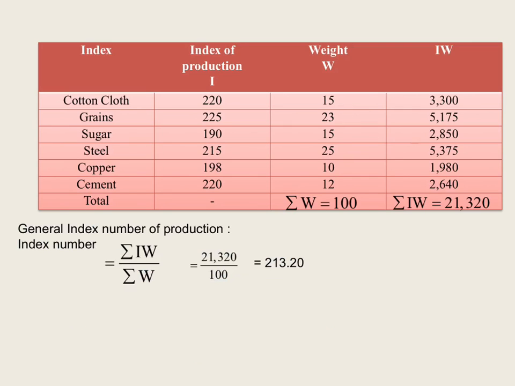We write the items, the index number and weight. Simply we multiply I with W, find sigma IW, apply those figures in the formula, and we get the answer 213.20. It's a quite easy sum.